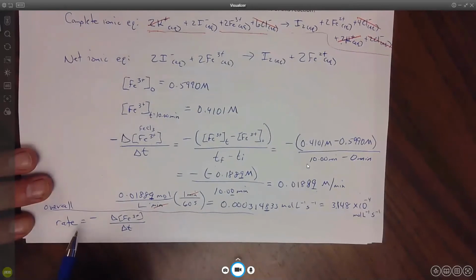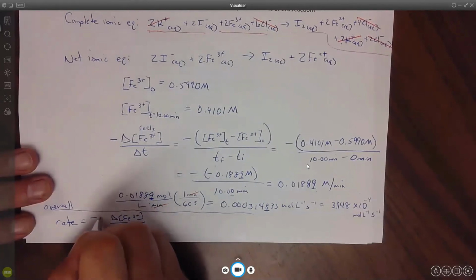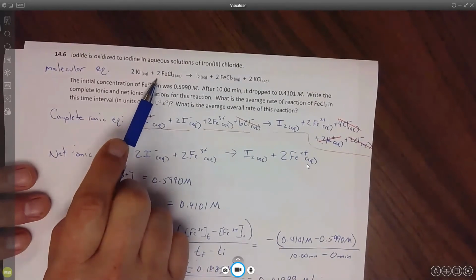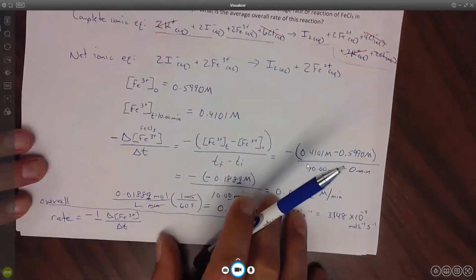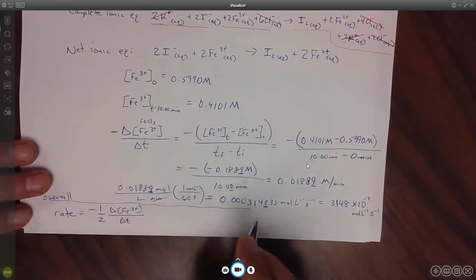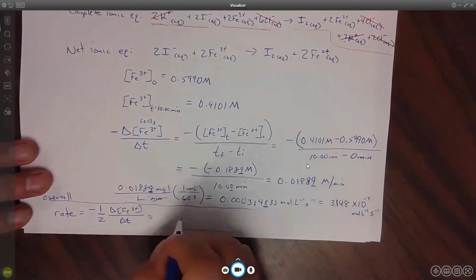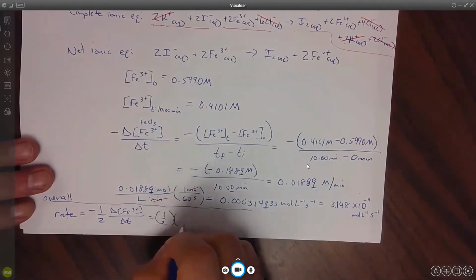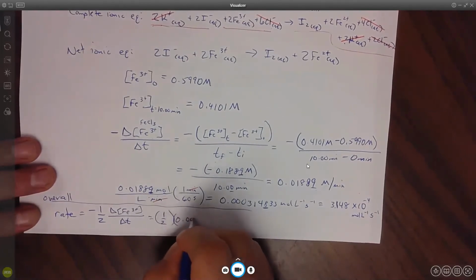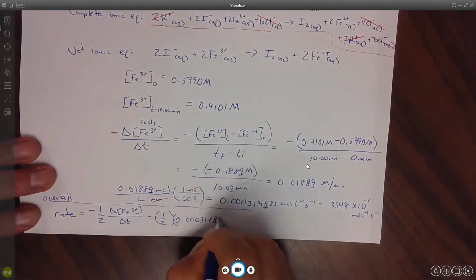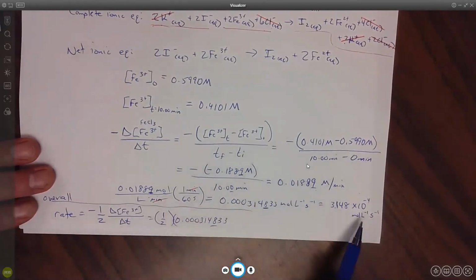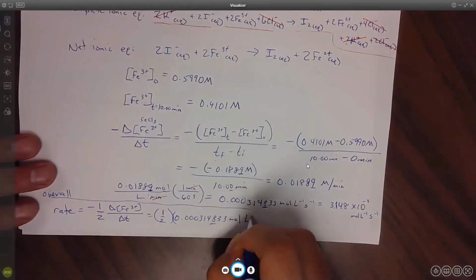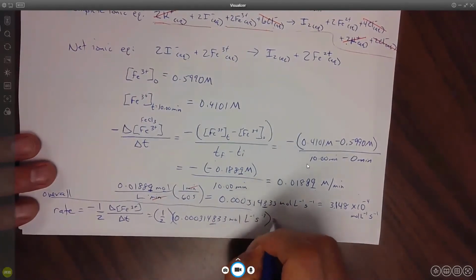But if it's the overall rate, we've got to go 1 over the coefficient. In this case, the coefficient was 2. So the overall rate is going to be 1/2 of this number. So it's going to be 1/2 of the 0.000314833. Again, we're not going to use the rounded value, we will use the unrounded value, moles per liter per second.